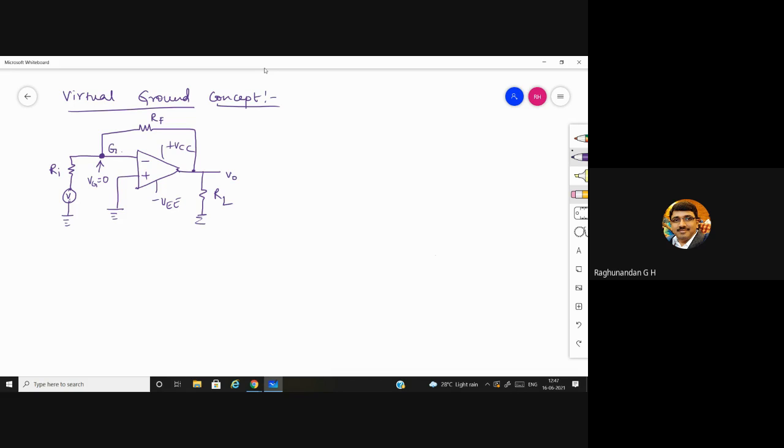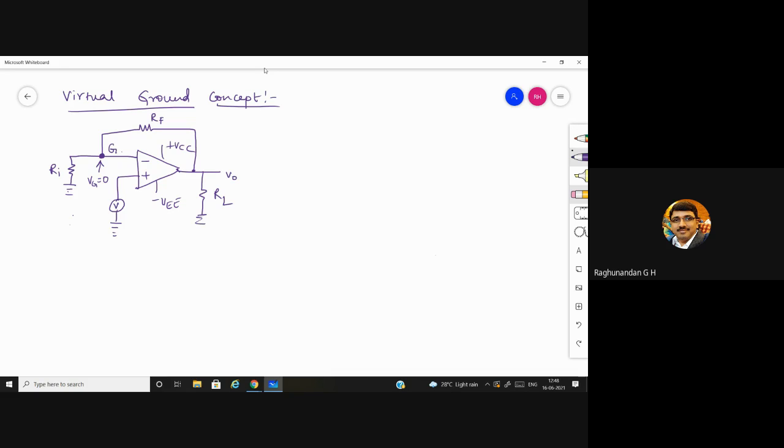Now let us take it in the reverse way. So we are going to now connect this to ground and this with the voltage source. See, now this node, through this resistance, is connected to ground.